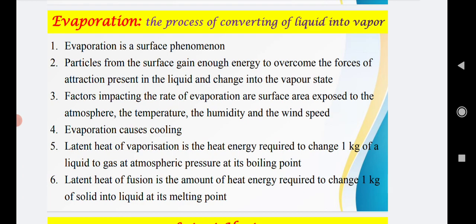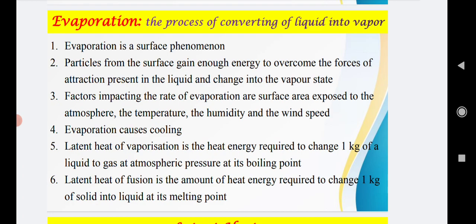It is a surface phenomenon. The particles, the molecules and atoms present at the surface of a liquid, have some kinetic energy, as we have seen in our previous slides. This kinetic energy will lead to movement and collision of the particles. When particles collide with each other, the energy is interconverted, and if you provide more energy to that substance, the kinetic energy will increase.